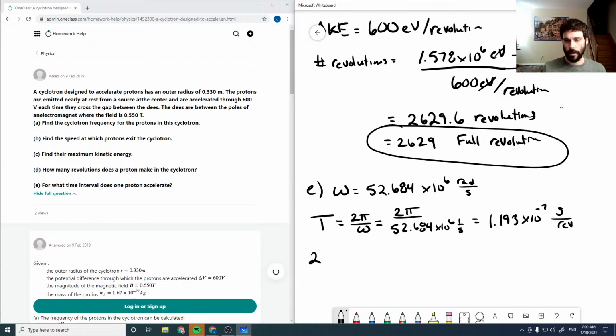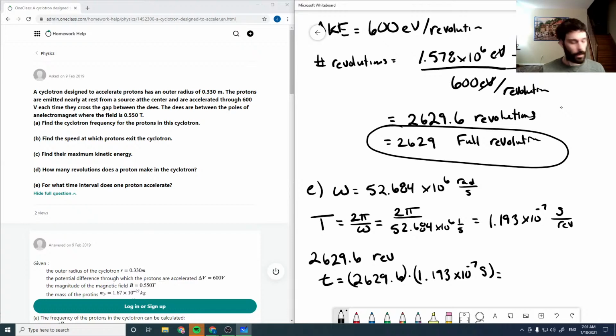So if we have 29.6 revolutions, then our full time will be 29.6 times our period per revolution, so 1.193 times 10 to the minus 7 seconds.